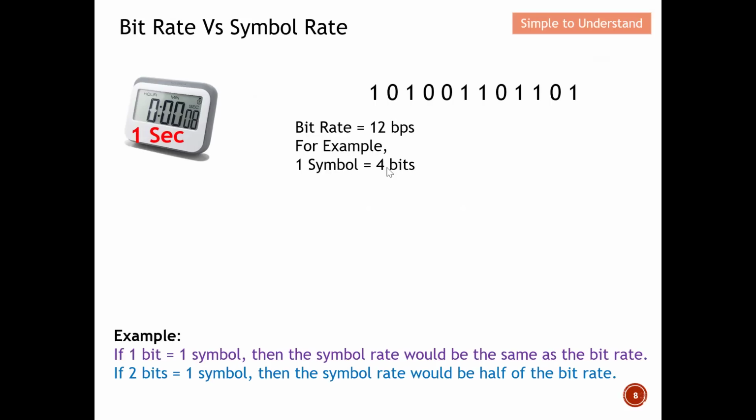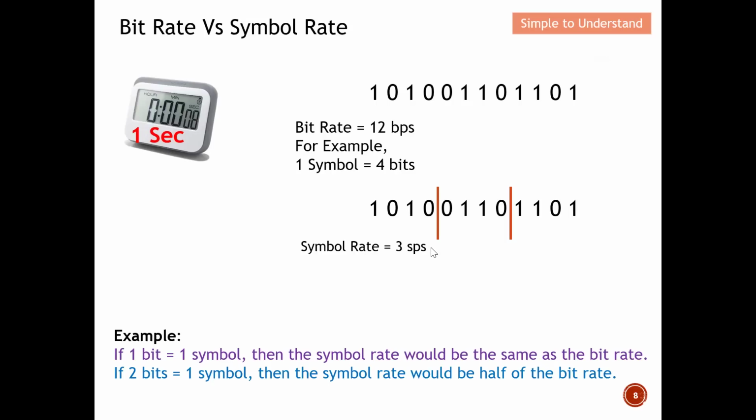So what does this mean? Again, these are all 12 bits here. I need to represent 4 bits into one symbol. So this is one symbol, this is the second symbol, and this is the third symbol. Describing in terms of throughput, I can describe this as 3 symbols per second.